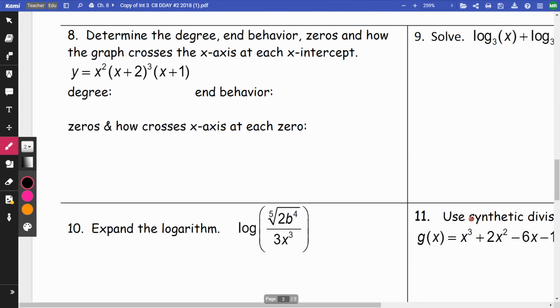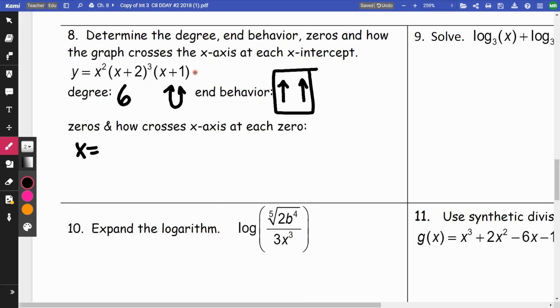On number 8, determine the degree and behavior, zeros, and how the graph crosses the x-axis at each x-intercept. So the degree 2 plus 3 plus 1, this is degree 6, and it's a positive degree 6, so it's like a parabola, which means it is opening up and up. My zeros, I have x equals 0, which is a double.